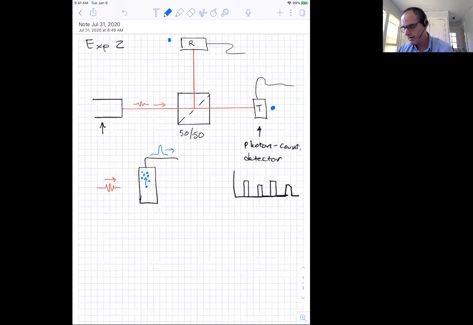We need something more. And in particular, what we need is to be able to observe the anti-correlation that we expect in the photon picture. The fact that under some conditions, when we do this experiment, we should expect that one of these detectors may fire or the other one should fire, but they should never fire simultaneously, because a measurement of which path the photon takes can only have one result, either reflect or transmit.